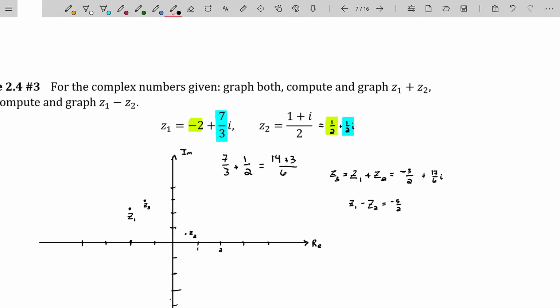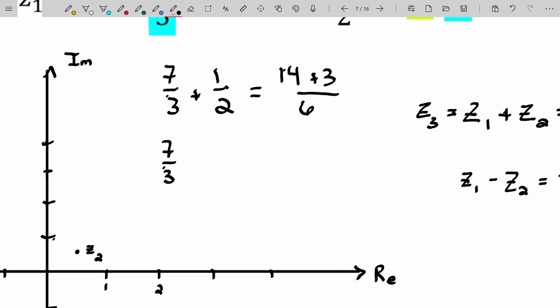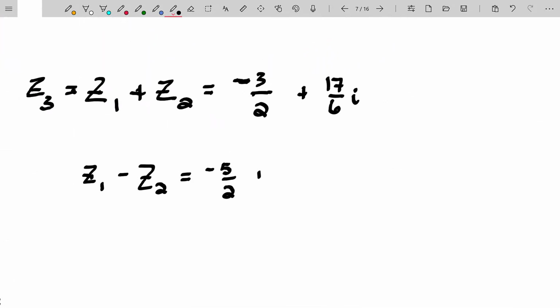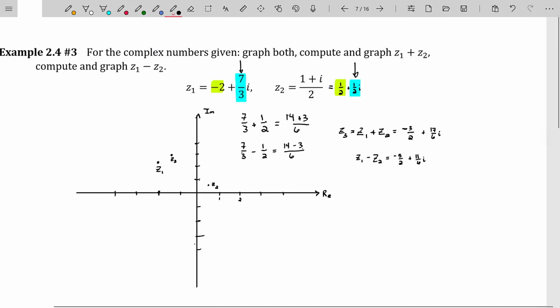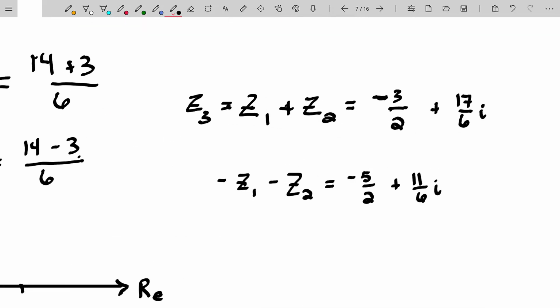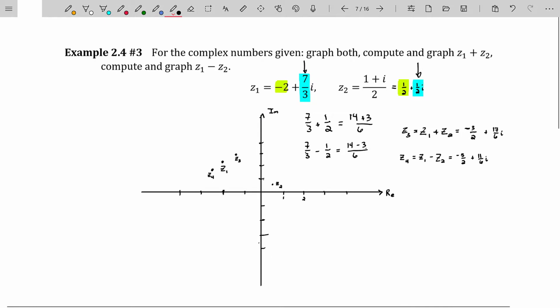And positive 7/3 minus 1/2, which is 11/6. And we'll plot that. Negative 5 halves is negative 2.5, so somewhere around here. And then we go up 11/6, which is almost 2. I'll call that, by the way, z4. Why not? So that is how we would add and subtract complex numbers.